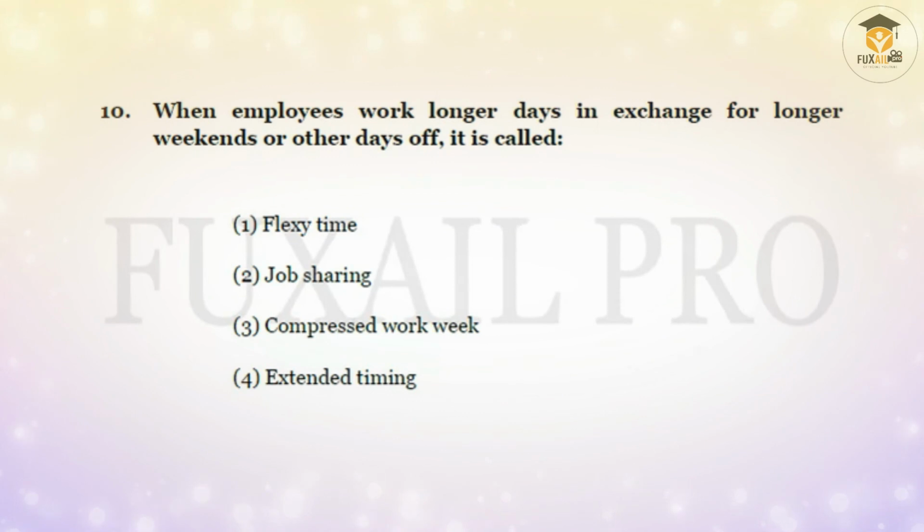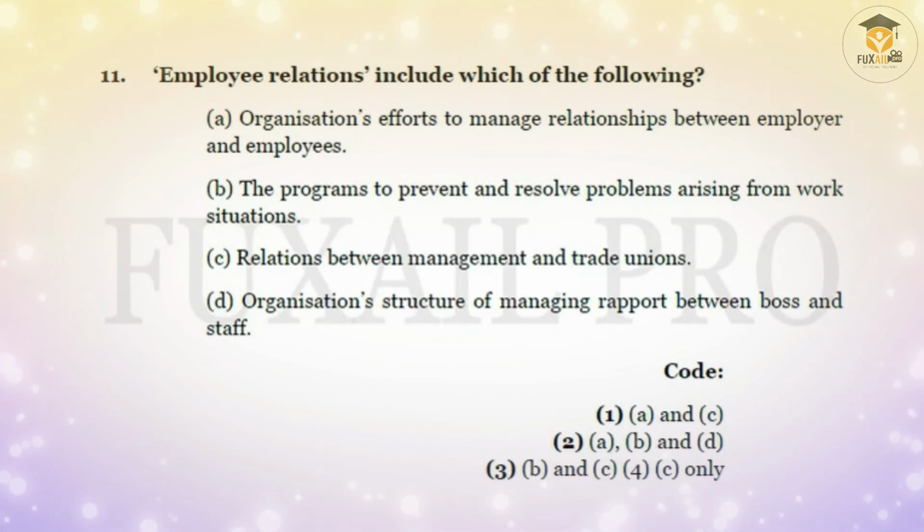10. When employees work longer days in exchange for longer weekends or other days off, it is called: 1. Flexi time, 2. Job sharing, 3. Compressed work week, 4. Extended timing. 11. Employee relations include which of the following? A. Organization's efforts to manage relationships between employer and employees.